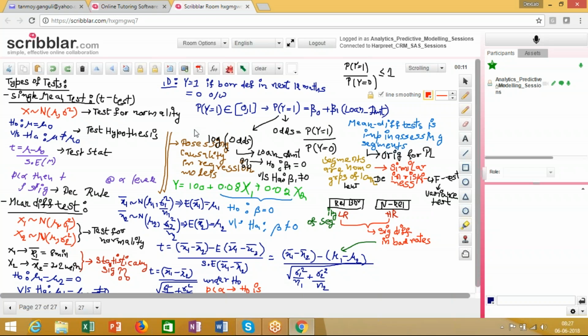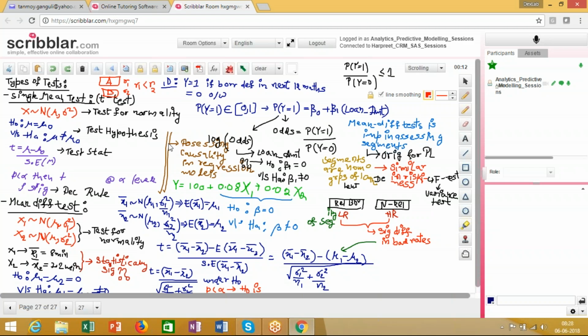Say there is a segment A, and I say that segment A is less risky than segment B. So that means the average bad rate of segment A is R1 and that of segment B is R2. Now obviously R1 is less than R2.